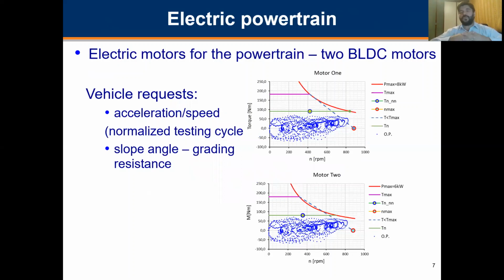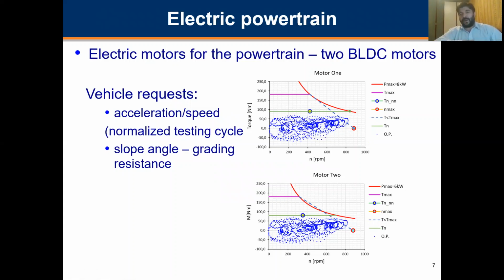In order to choose the motors, we rely on the motor characteristics and the operating points regarding the torque request.